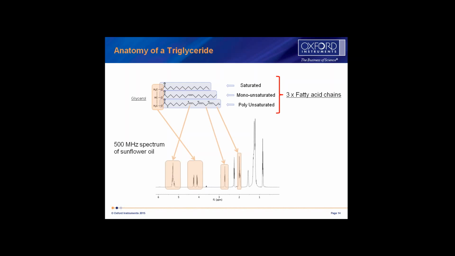We can identify a bisallylic, which is a CH2 sitting between 2 double bonds. We can also identify the CH2 next to the ester coupling, and we can also identify the terminal CH3. The other peaks are related to the other CH2s in the spectrum.